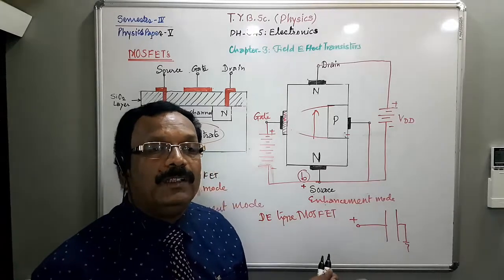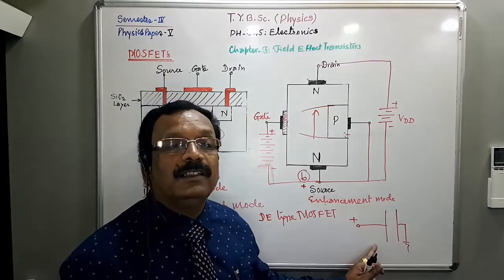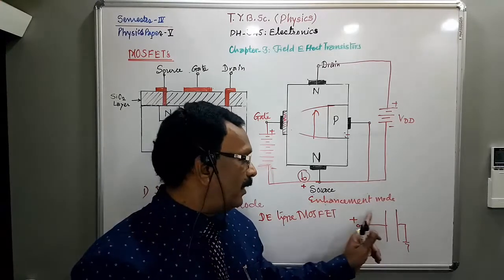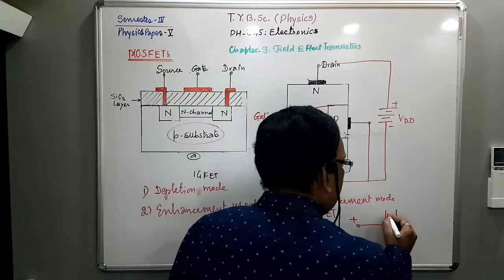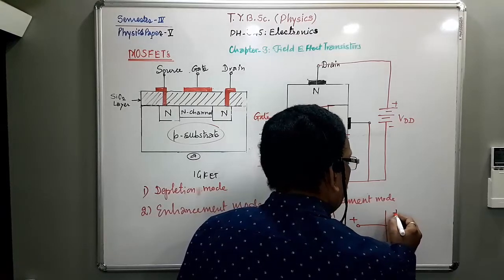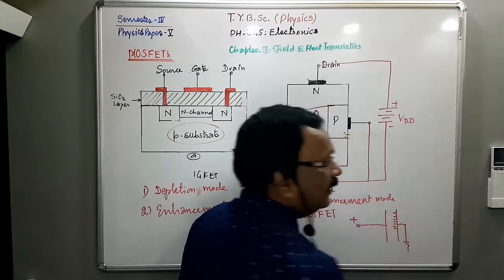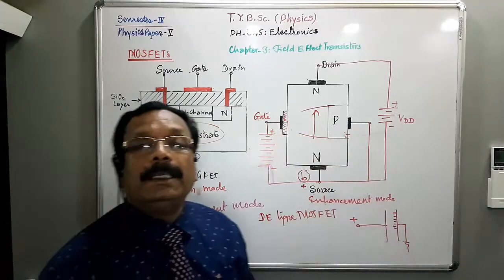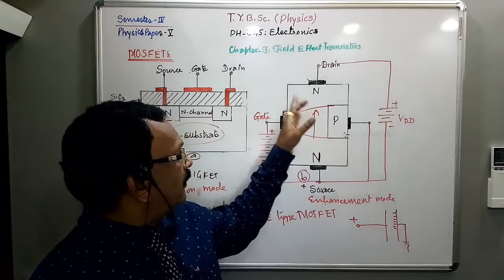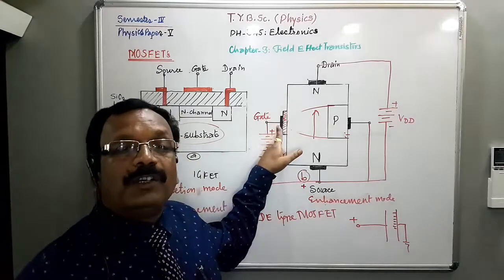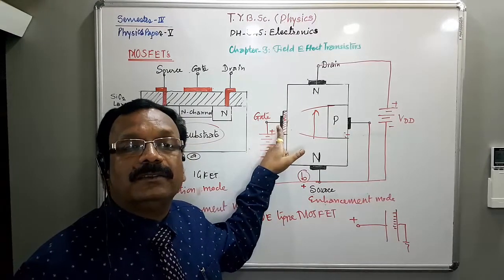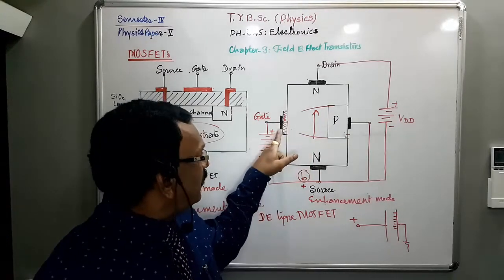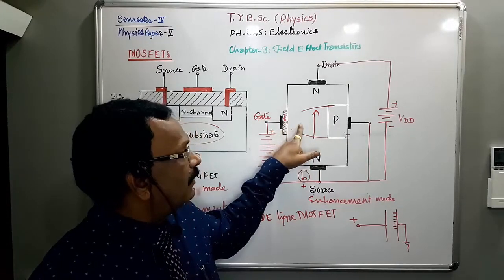One plate of the capacitor is supplied by a positive charge, then on the opposite plate a negative charge is induced. In similar fashion, suppose this is the first plate and this is another plate of the capacitor shown in this figure.